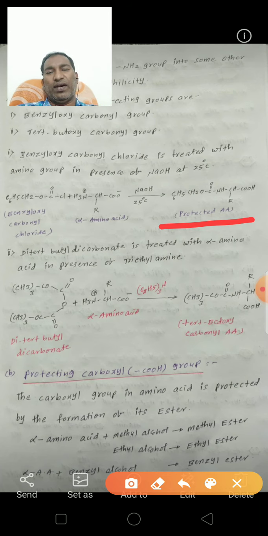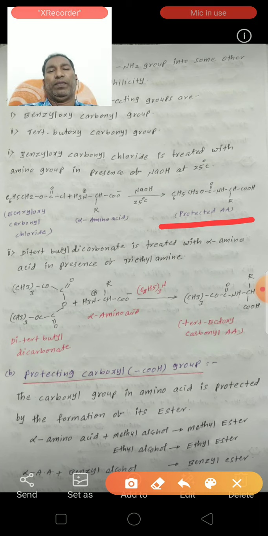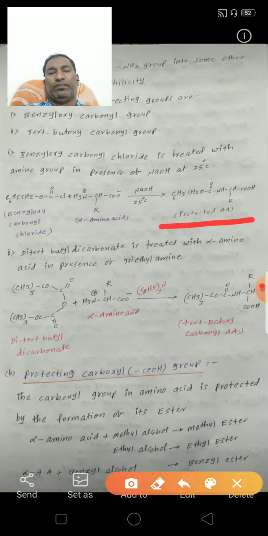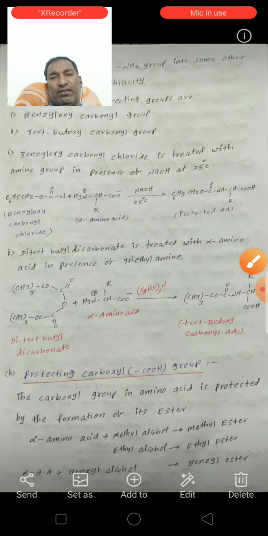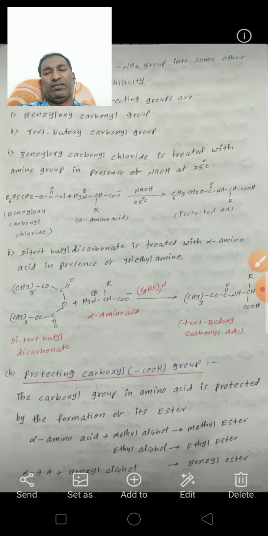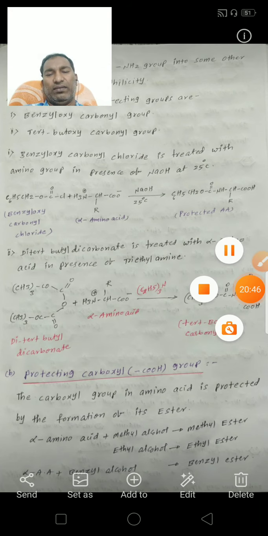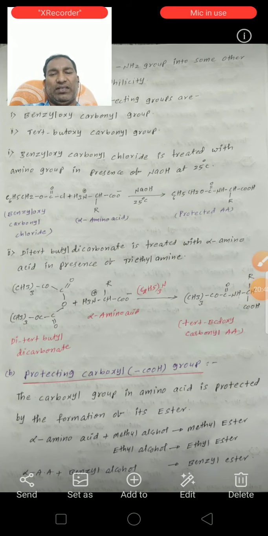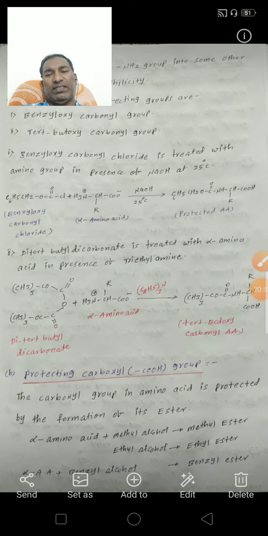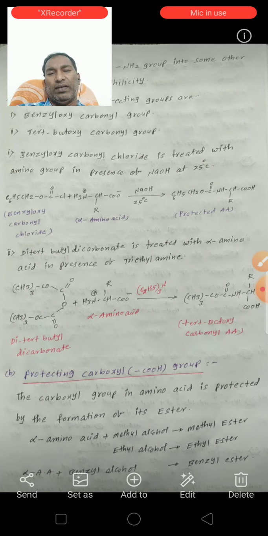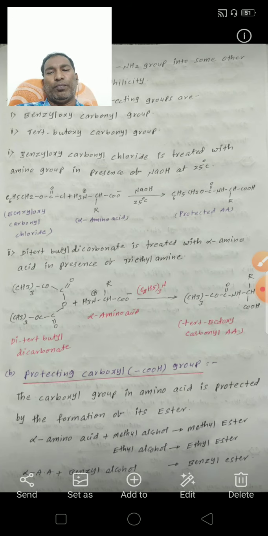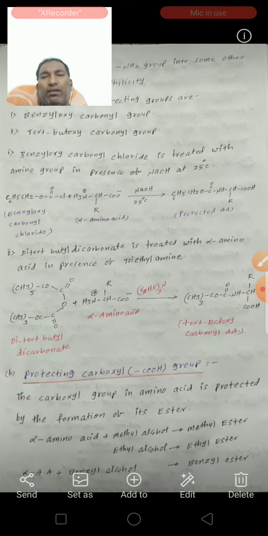Here alpha amino acids react with methyl alcohol to form a methyl ester, or react with ethyl alcohol to form an ethyl ester, or react with benzyl alcohol to form a benzyl ester. So we can convert the acid group to ester group by reacting with methyl alcohol or ethyl alcohol or benzyl alcohol.